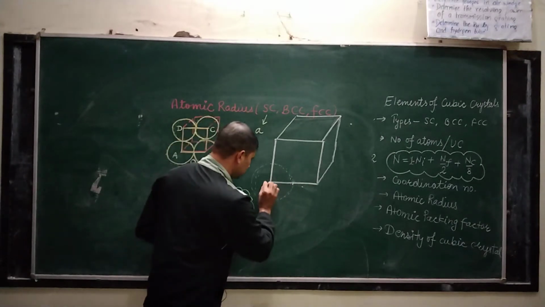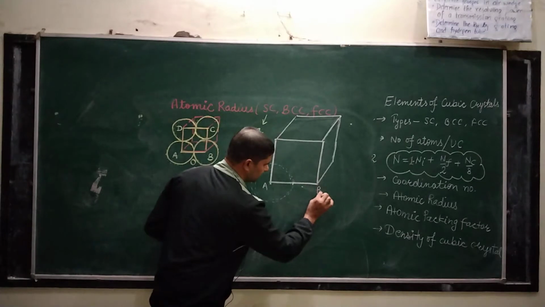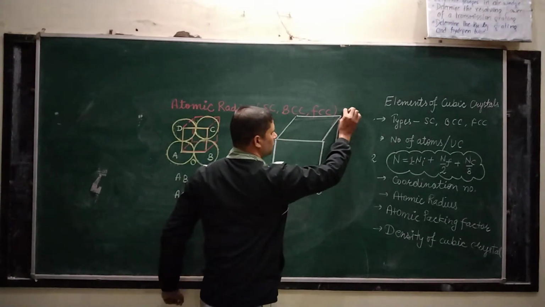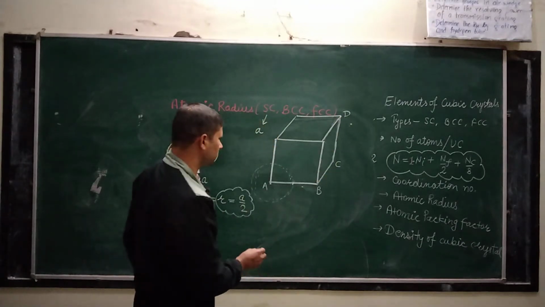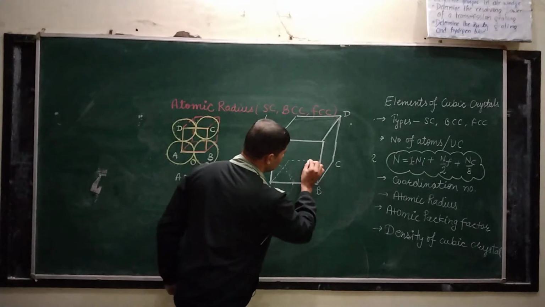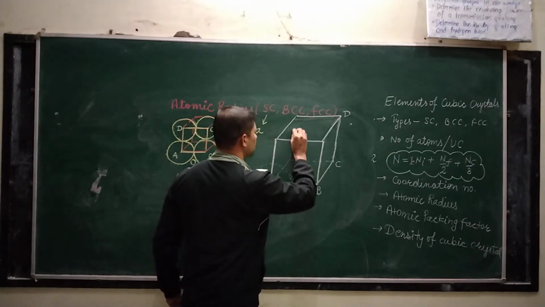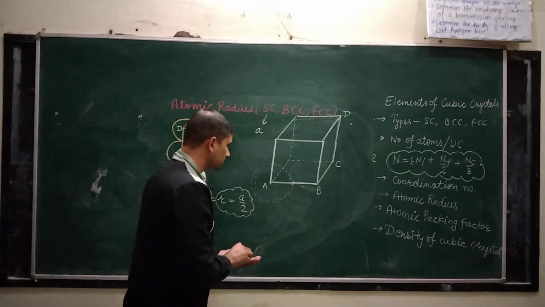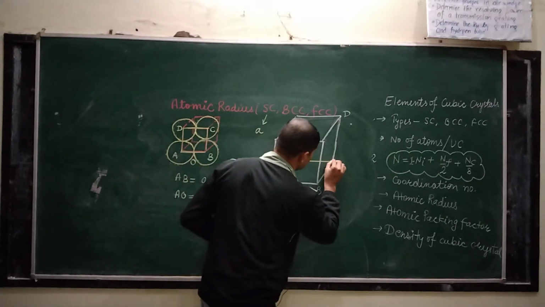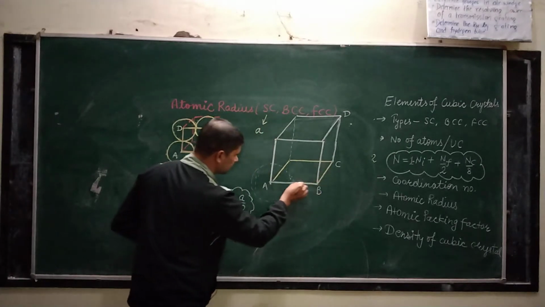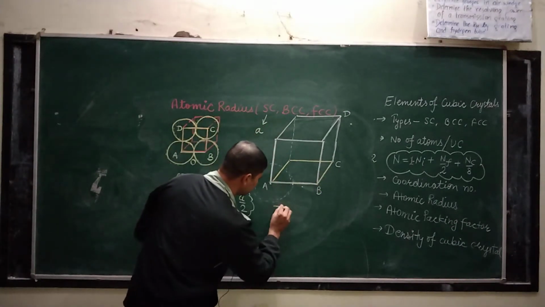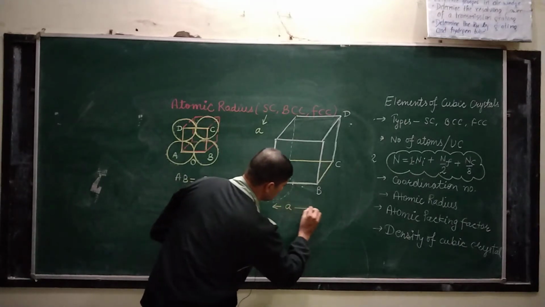Okay, let this point be A, this point B, and this point C. I am taking one more point here, it is D. Firstly see this face, the bottom face, then we will extend it. Tell me what is this side. The lattice constant I am taking here to be a.